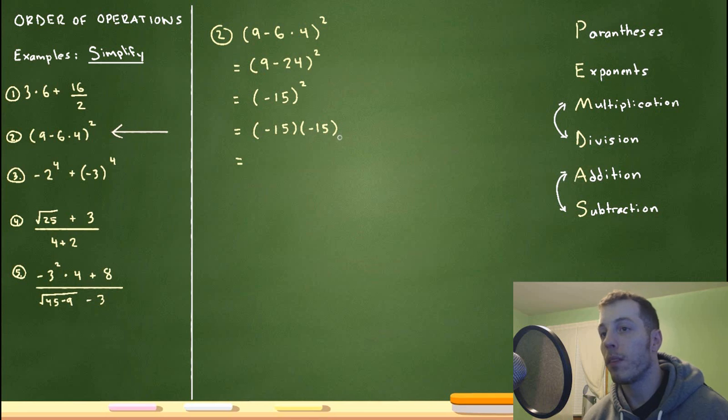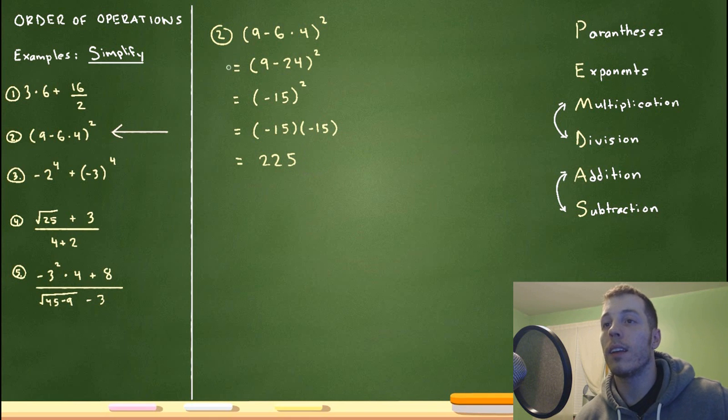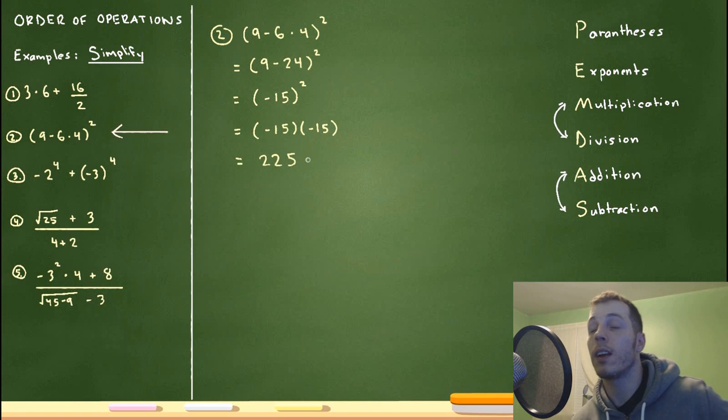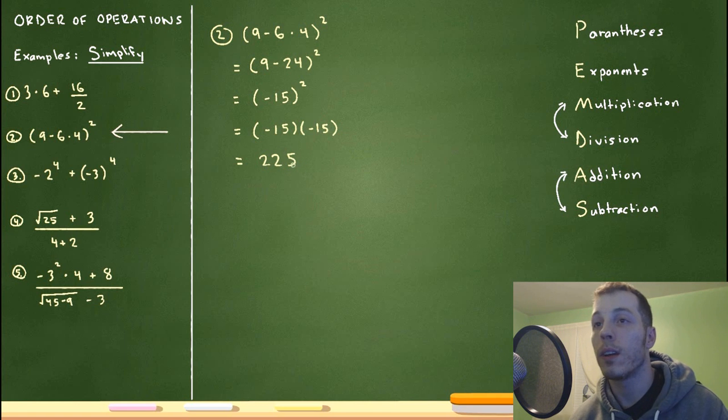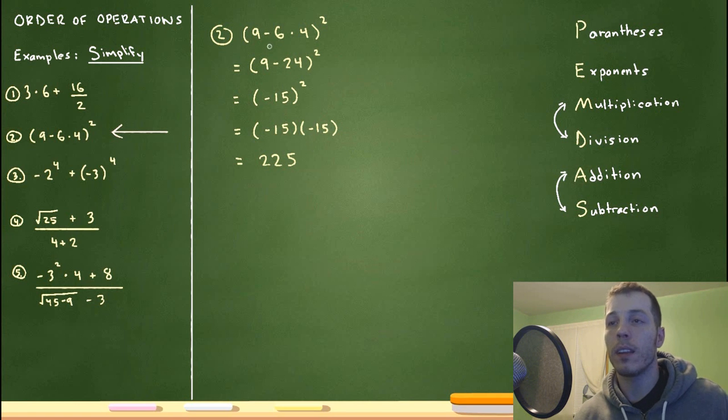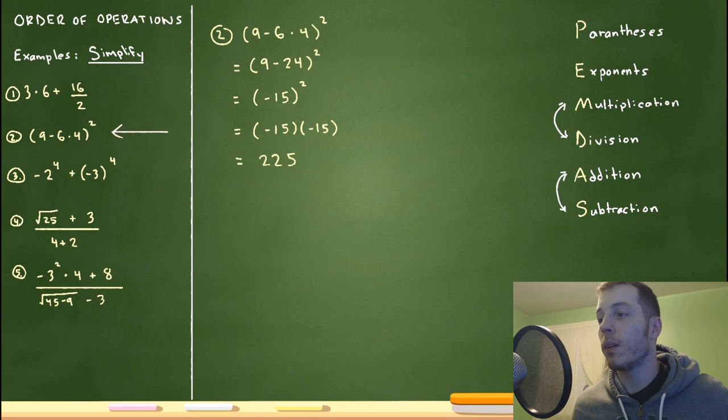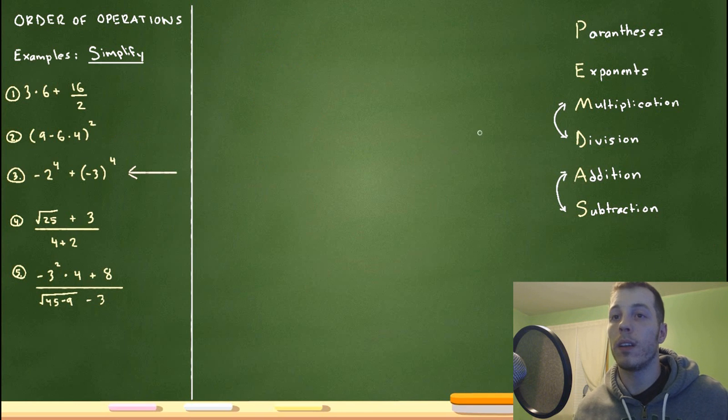And 15 times 15 is 200 and, no, is it? Oh, yeah, it's 225. Okay, and that's it for that expression. Once we get this final number, there's certainly nothing else we could do with that. So that's number 2. Let's go ahead and take a look at number 3.